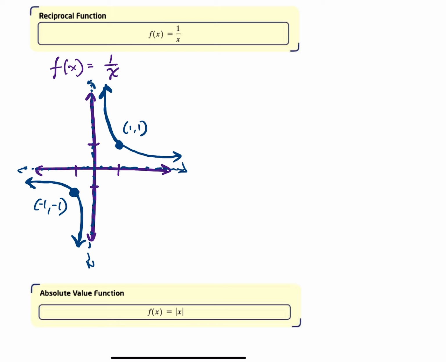So what do we have? What's our domain? Well, our domain is everything except for 0. We can't plug in 0 for x. So let's state it. I'll keep using interval notation.